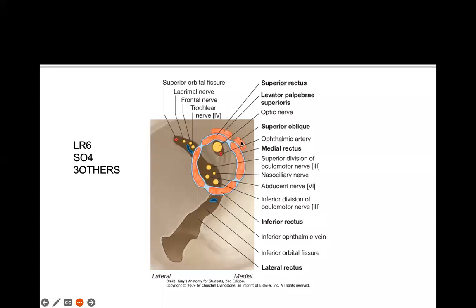So superior oblique, SO. Then 4, obviously, now that we know that the numbers stand for the cranial nerve, this 4 will also stand for what? The 4 will stand for what? IV here, trochlear, okay? So it also innervates that.